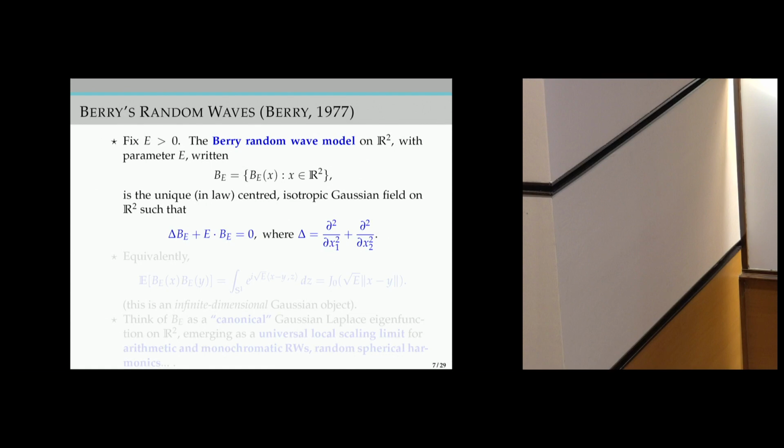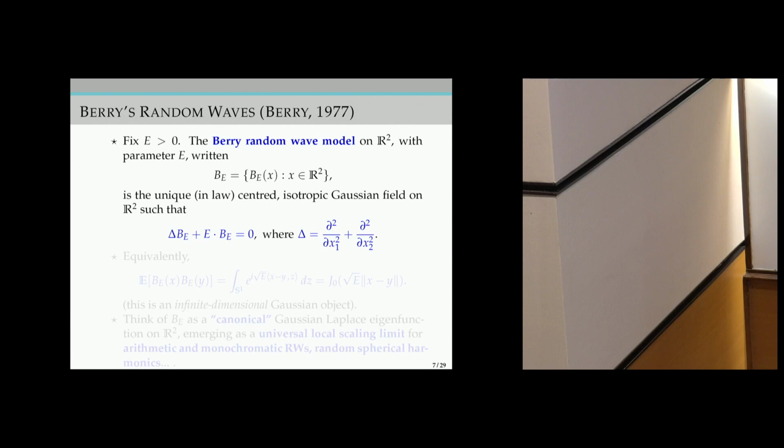All these requirements can be expressed as requirements about the covariance function of the field B_E. The general theory of isotropic Gaussian processes, which you can find for instance in the book by Adler and Taylor, tells you that there is just one process with these properties, and it has this representation.